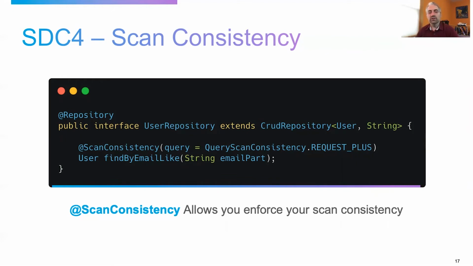So in order for it to be indexed when you read it back, you specify request plus. And so if I was going to do find by email, this method would ensure that if I just inserted a new record with an email that matched, I would get it back right away in my query.